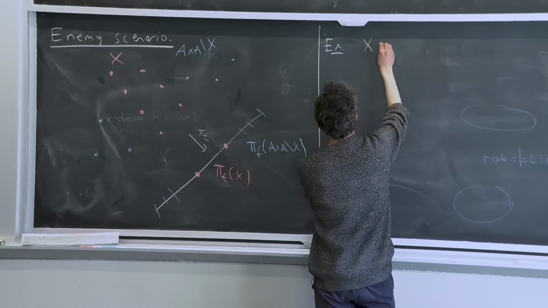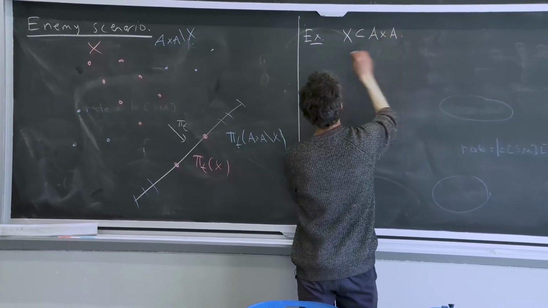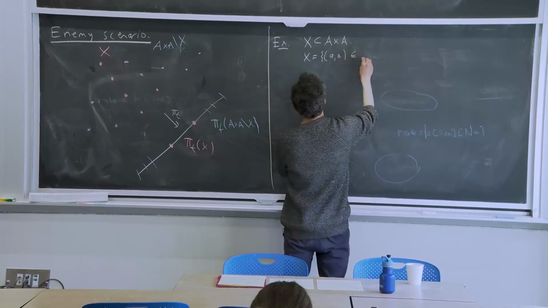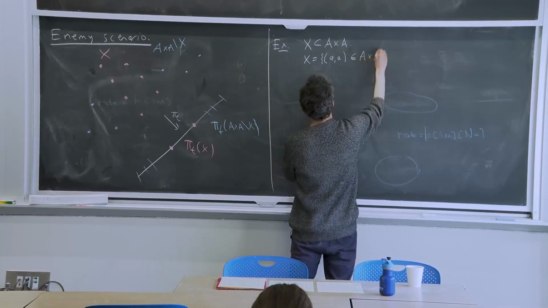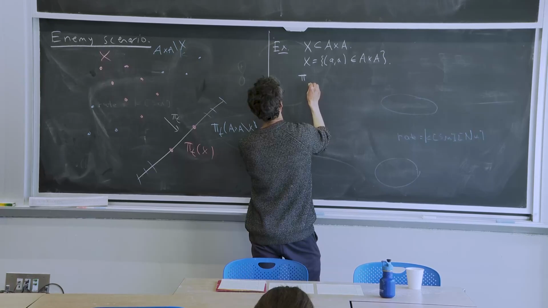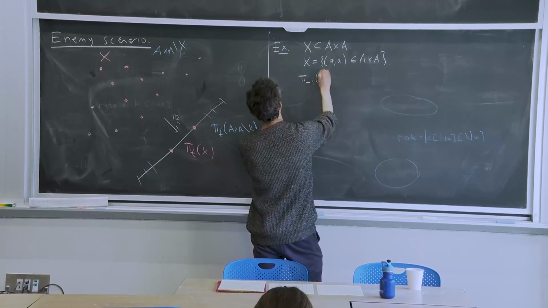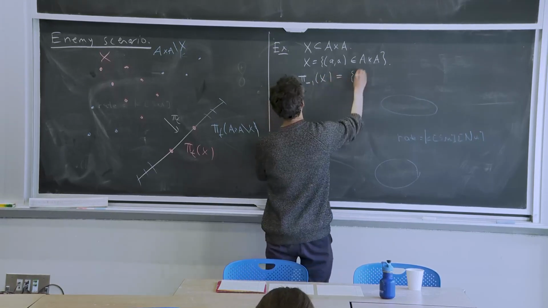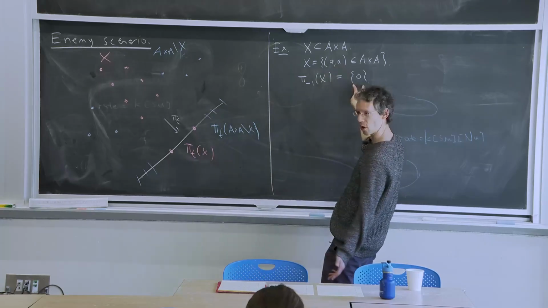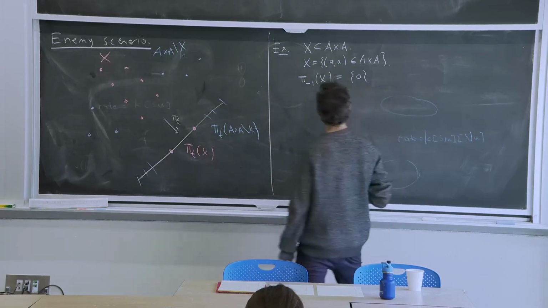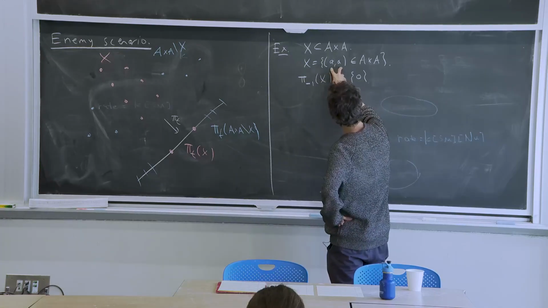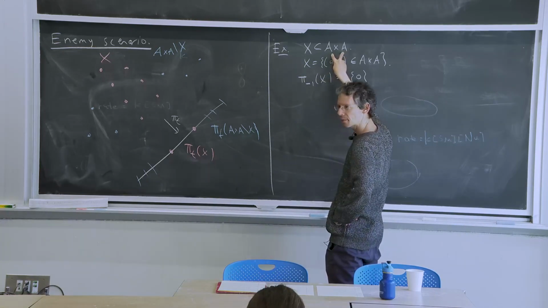So X is going to be contained in A cross A. X is the set of all (a, a) in A cross A. And so then if I take the projection, I guess in the direction -1 of x, I just get 0. A minus A is always 0. So this is extremely small. OK. But in this case, this x is quite a bit smaller than the whole A cross A.